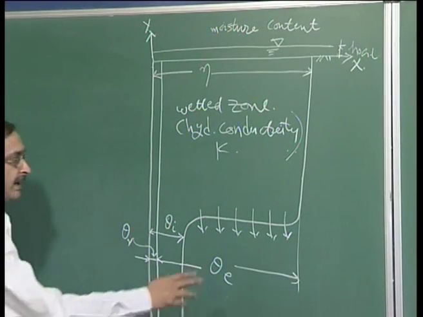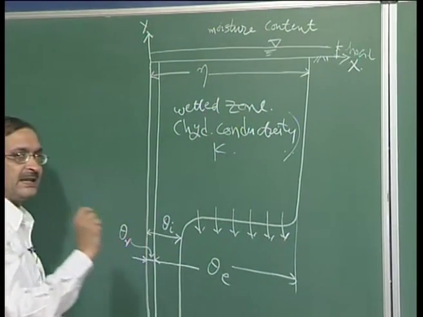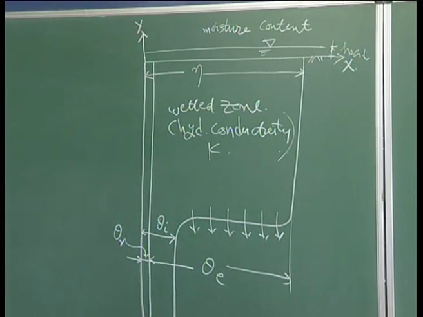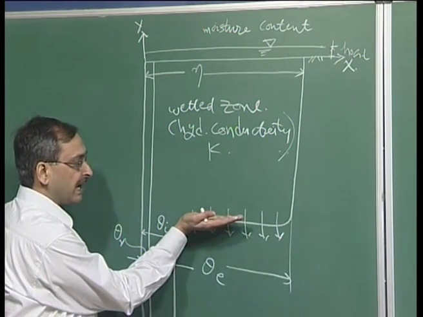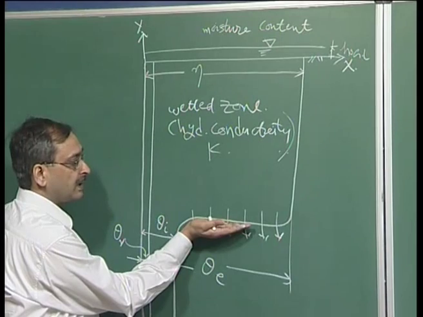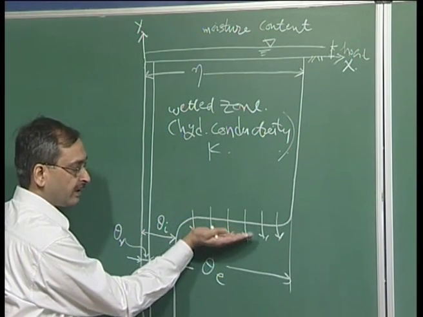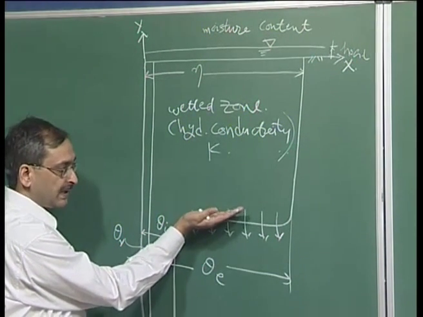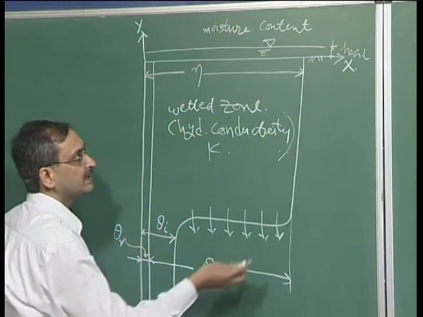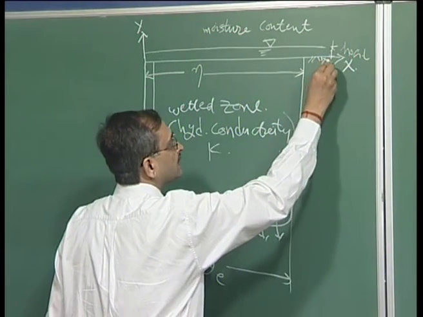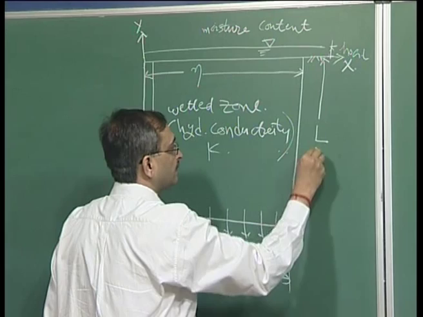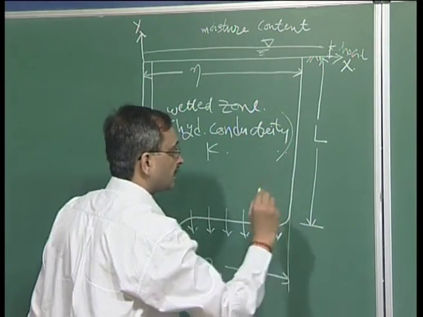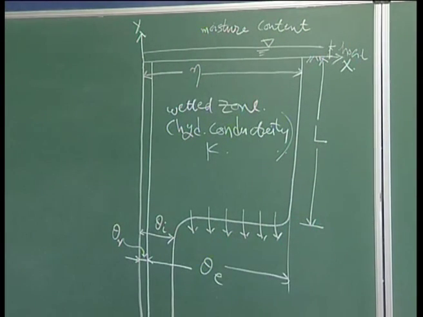This is a snapshot at any given time t. At this time, this is the depth of the wetting front, and this wetting front will be marching down as a function of time. So, let us say at any point of time, this length is L. L is the depth of the wetting front at any given point of time.